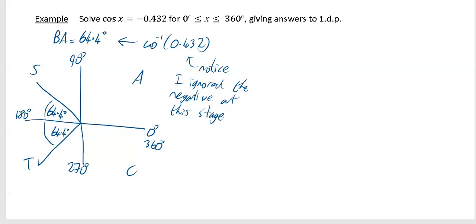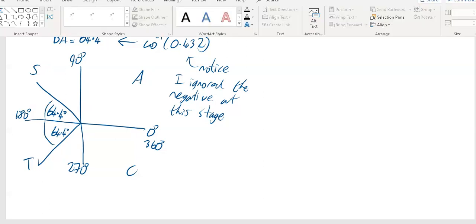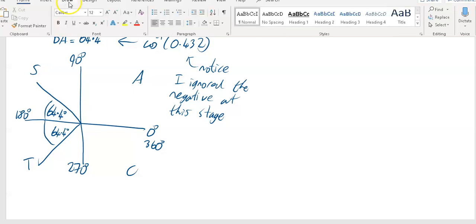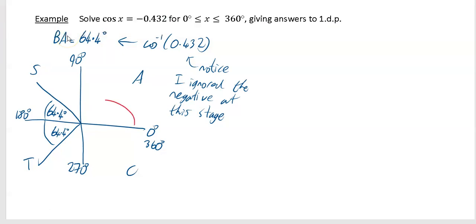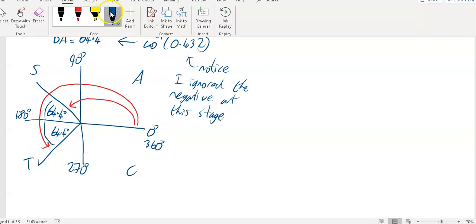And then we have to do this. So I'm going to do this in red. I'll do both my arrows in red this time. So I'm starting at 0. The first one is all the way around to here, which is 64.4 short of 180, and the next one is all the way around to here, which is 64.4 greater than 180. So we will get back to our blue and give our two answers.